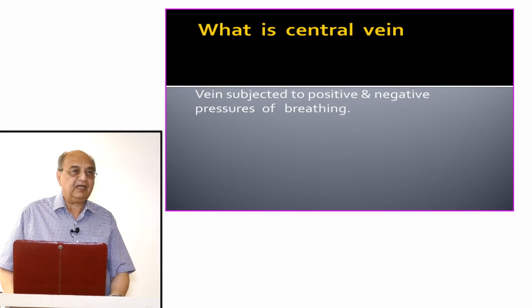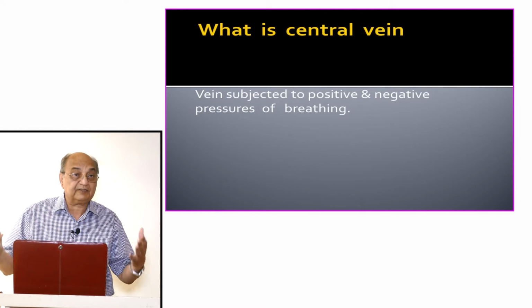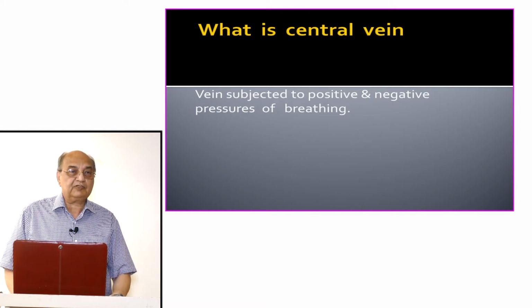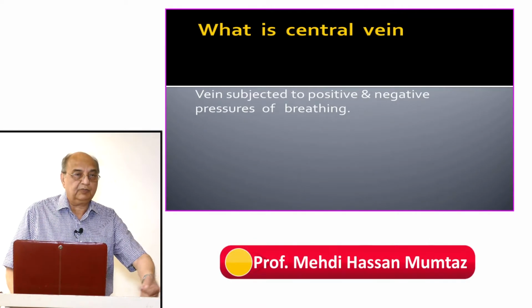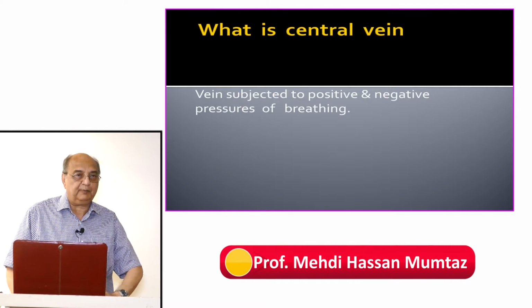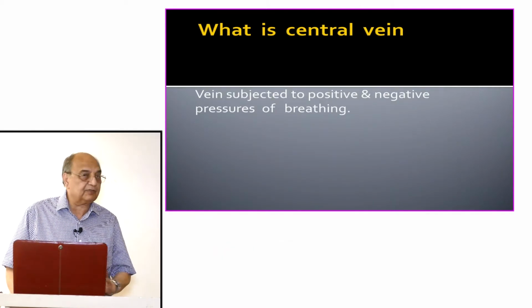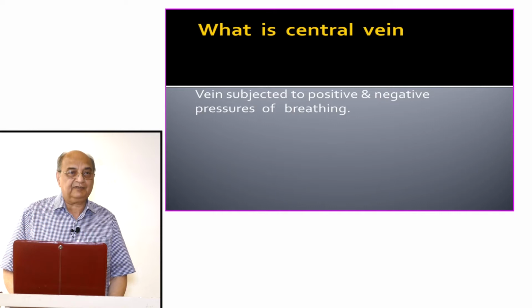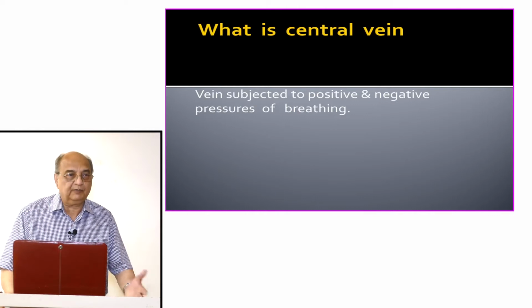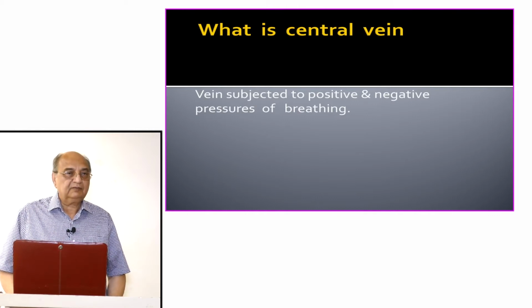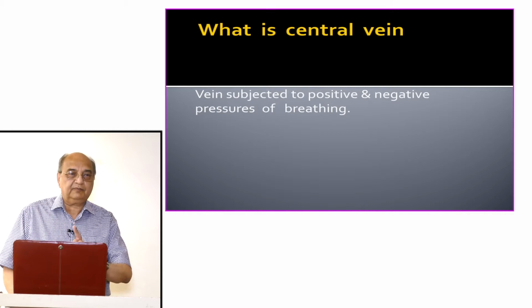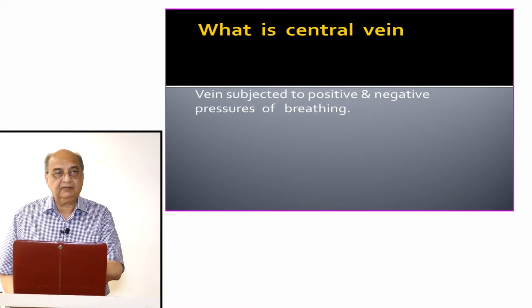It means it has to be in the intrathoracic region. If you put a central venous catheter through the femoral vein and it is in the abdominal cavity, that does not tell you central venous pressure, unless the tip of the catheter is in the thorax. So commonly used is the superior vena cava or inferior vena cava, provided the tip of the catheter is in the thorax.